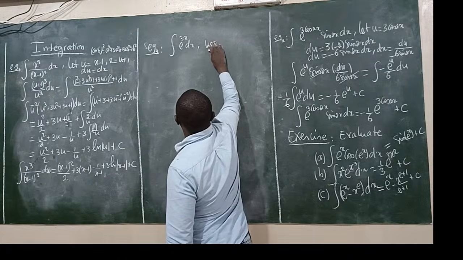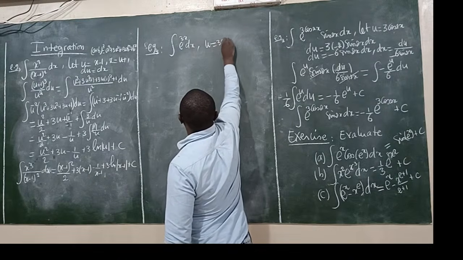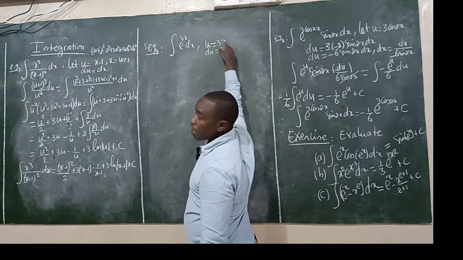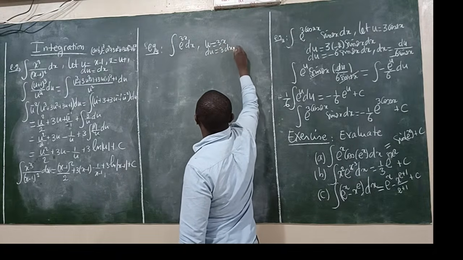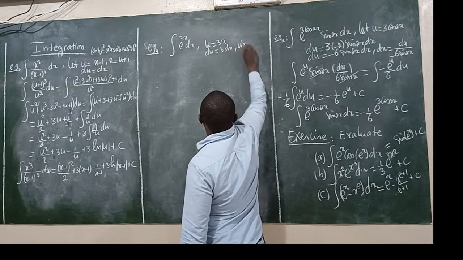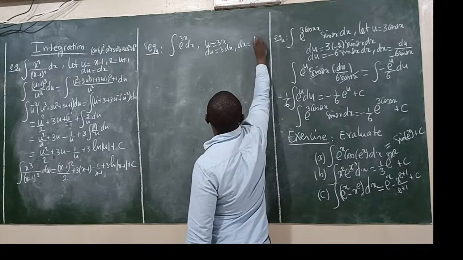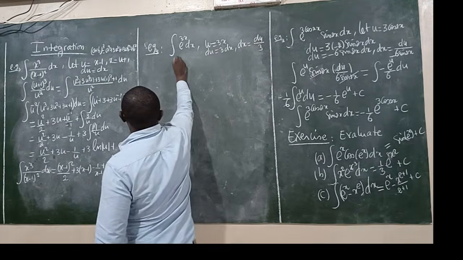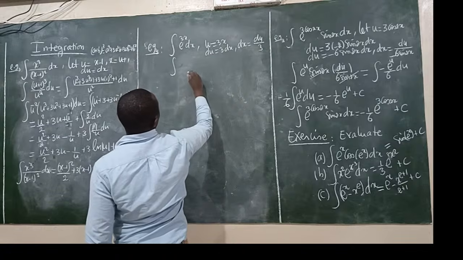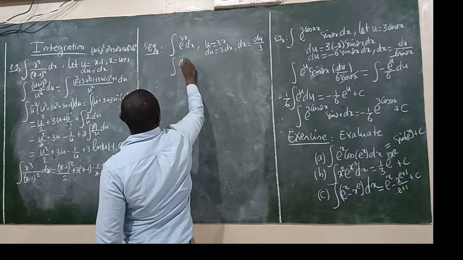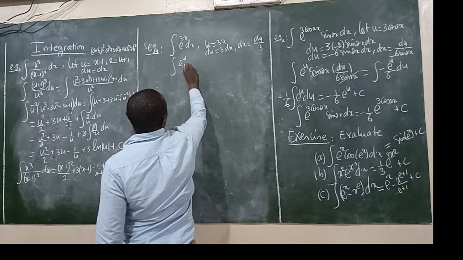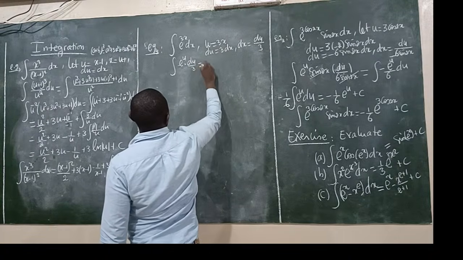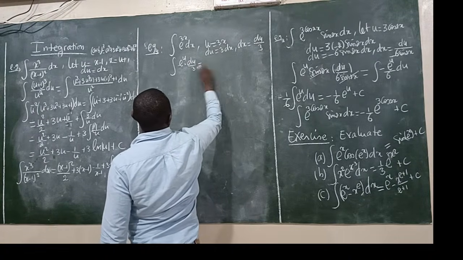Let u be 3x. du is 3 dx, the derivative of 3x is 3. Now, find dx. This will be du by 3. The integral will become e^u times du over 3.